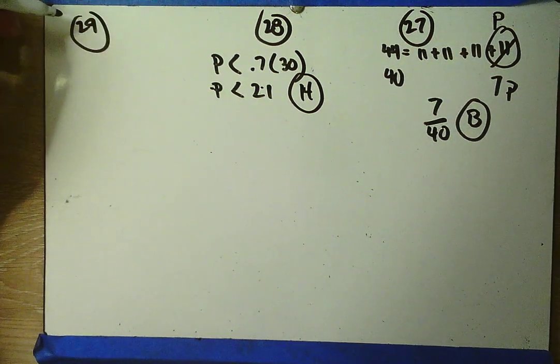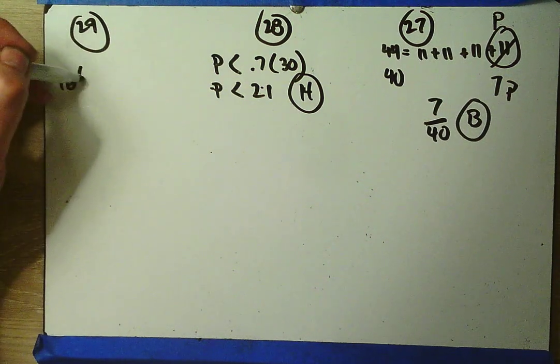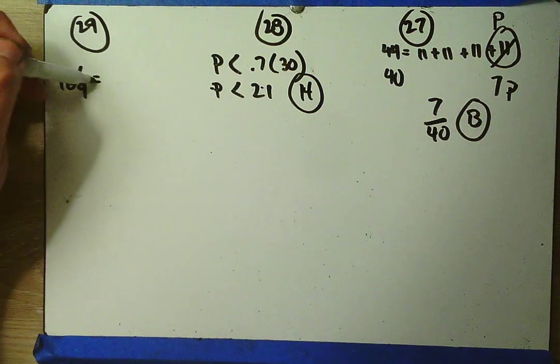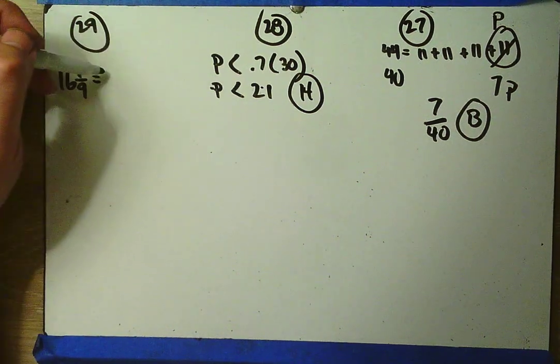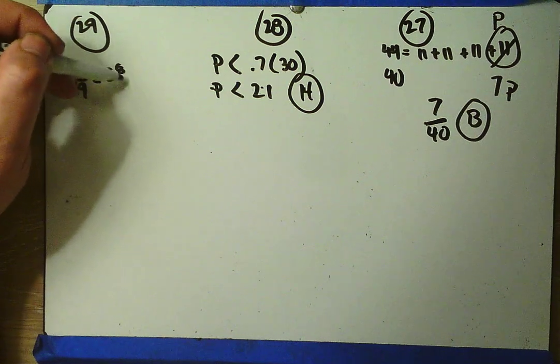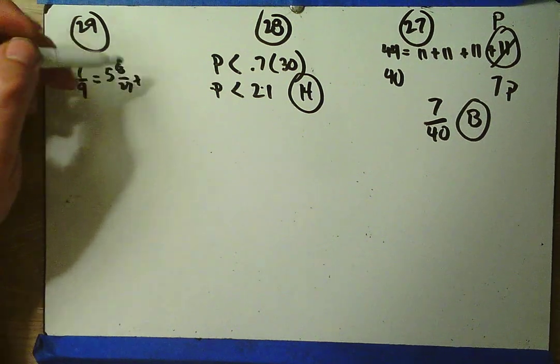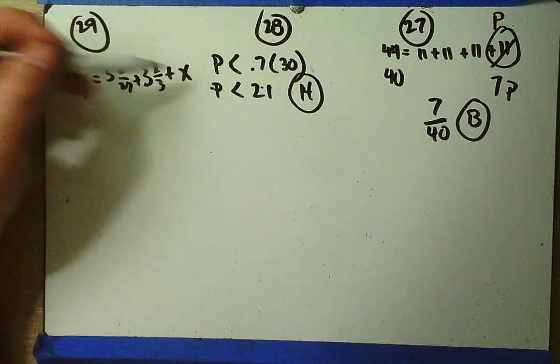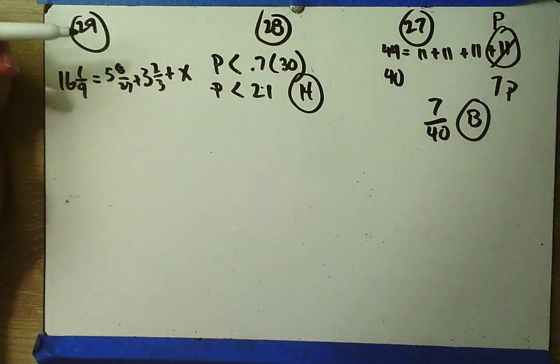29. 29 is really painful because they give us this total of 16 1/9 miles, and that's equal to the 3 days' worth of painting, 5 8/27 plus 3 2/3 plus our second day, x.